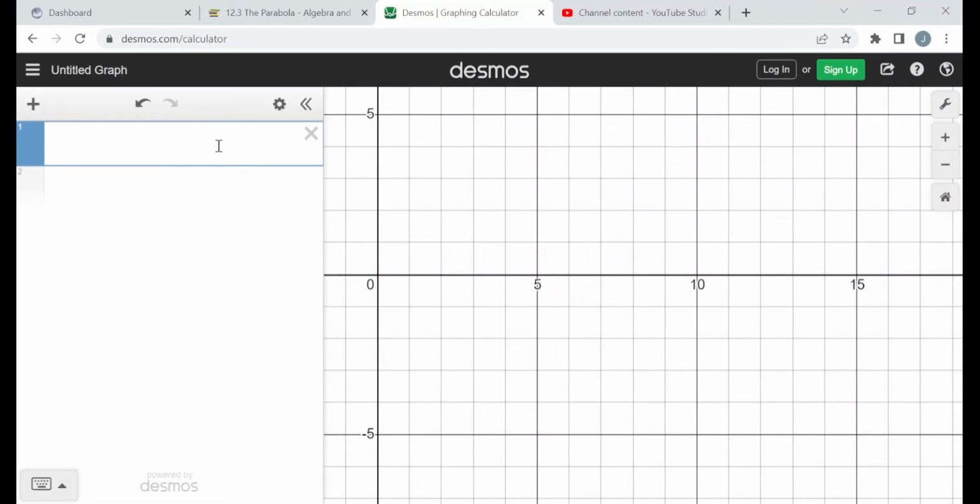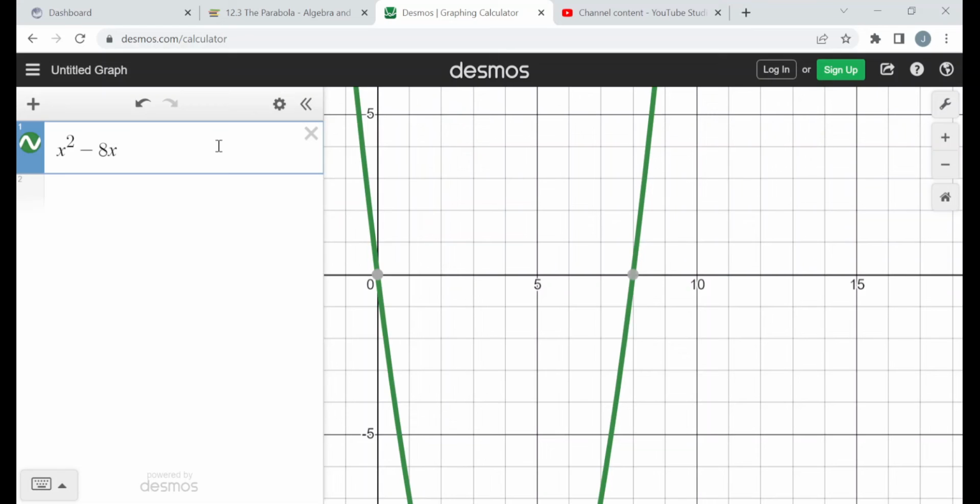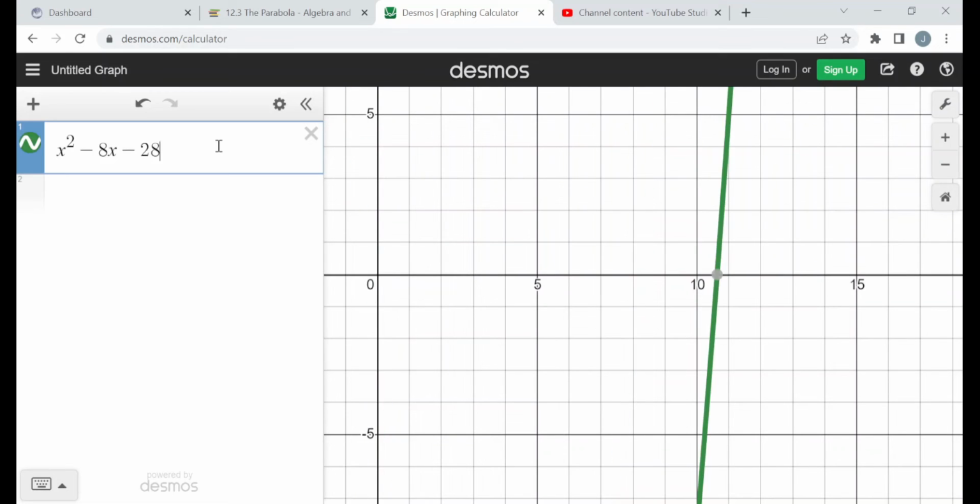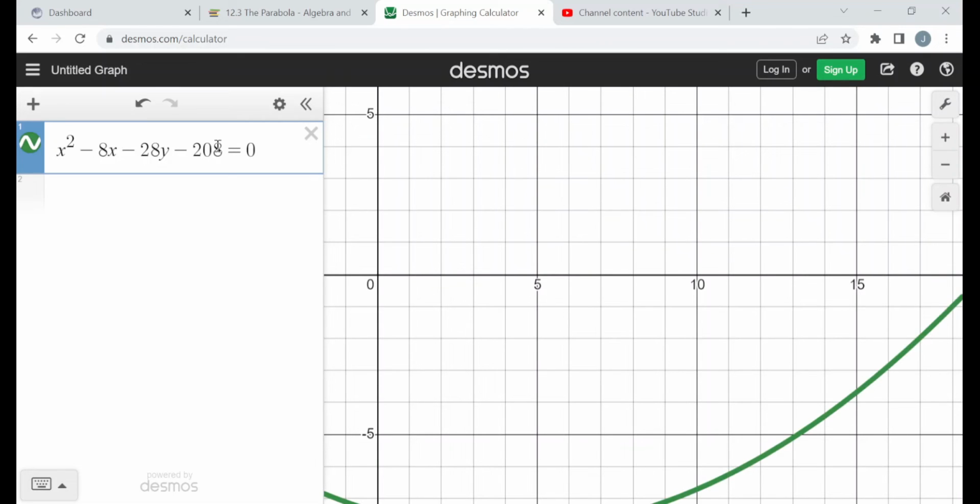All right, so the original equation looked like this. It was x squared minus 8x minus 28y minus 208 equals 0, and you see this parabola.